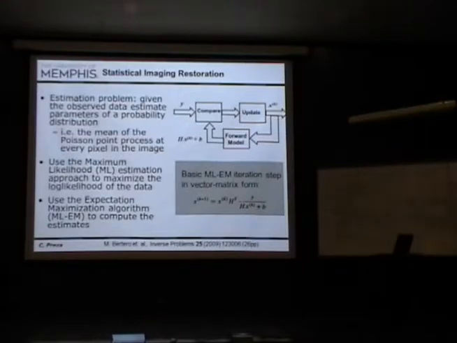And that creates what is called an update. So this ratio that I get from here, I map it back into the object space, and I multiply it with my current estimate, and I get a new estimate. So now I have a new result, and I'm ready to iterate again. So K becomes K plus 1. And this goes on until we feel that we have the right solution.